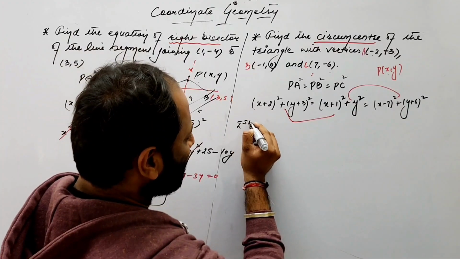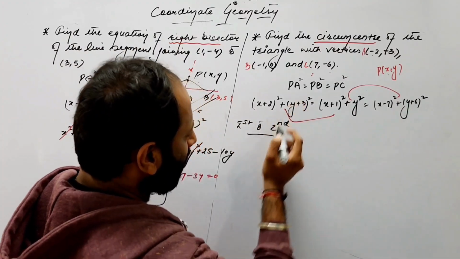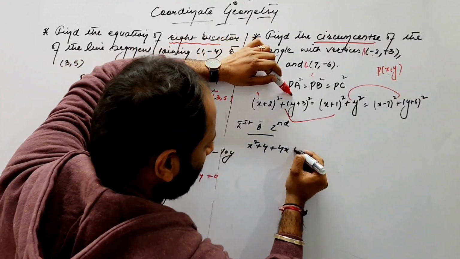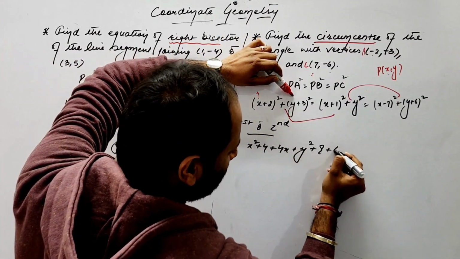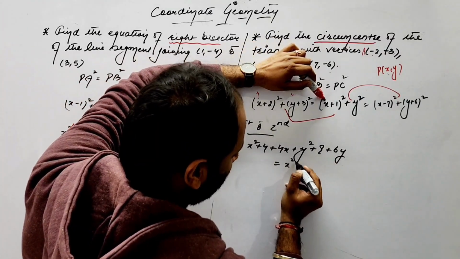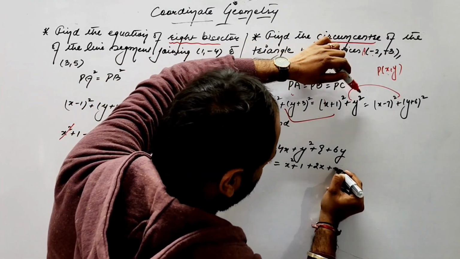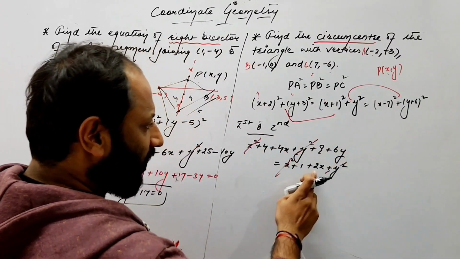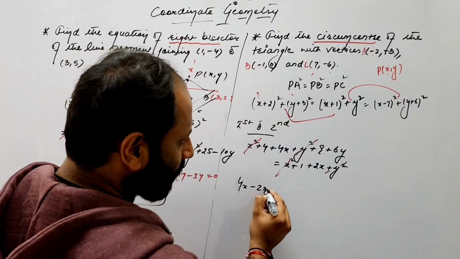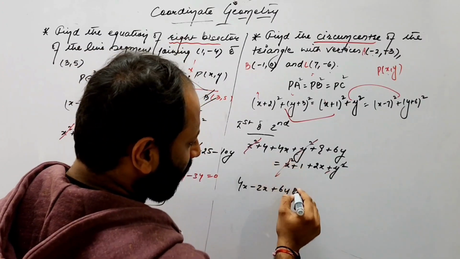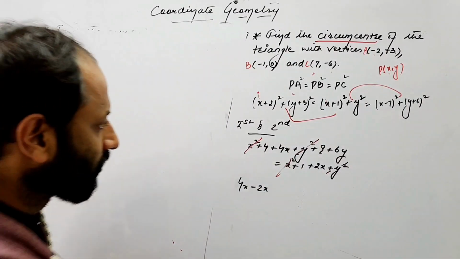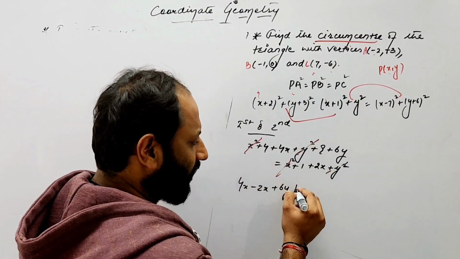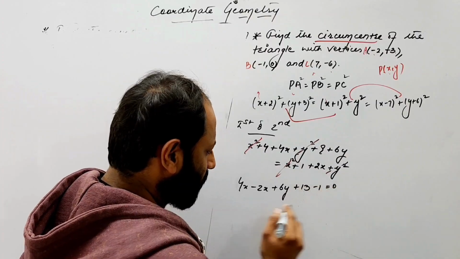From first and second, using (a plus b) whole square equals a square plus b square plus 2ab, the squares are cancelled. 2x to this side, y alone is there, plus 4, y as it is, 4 plus 9, 13 minus 1 is equal to 0.